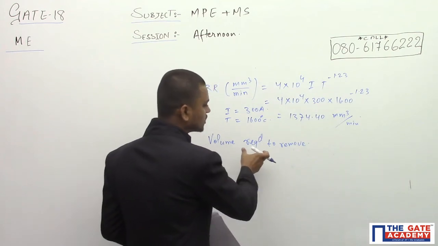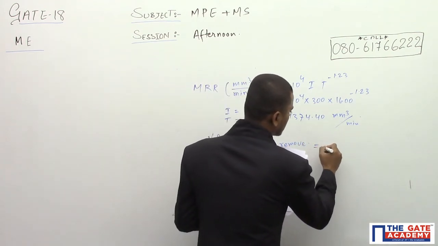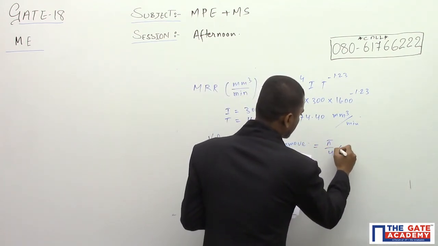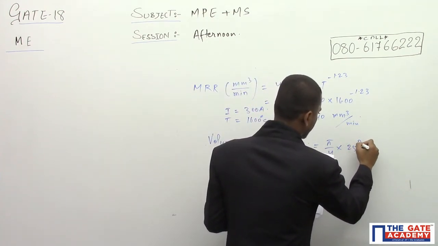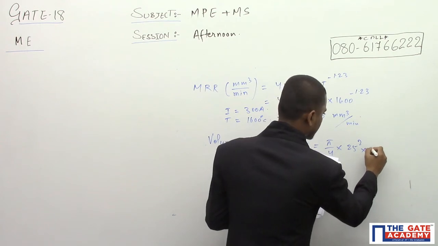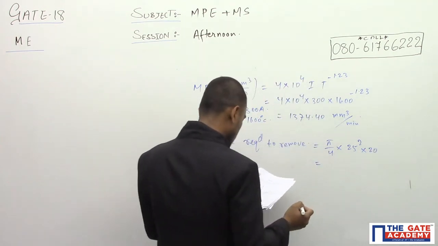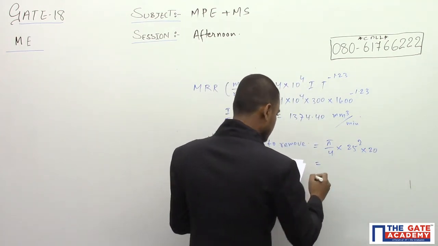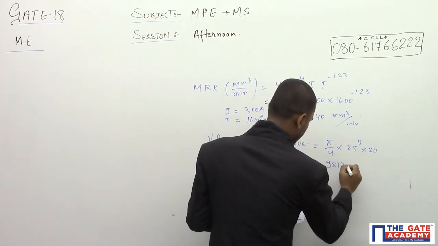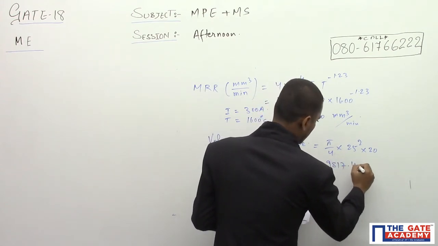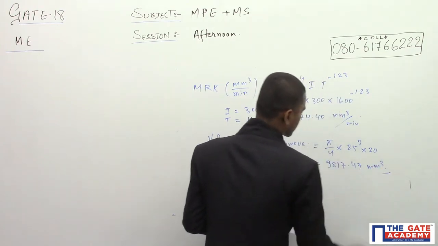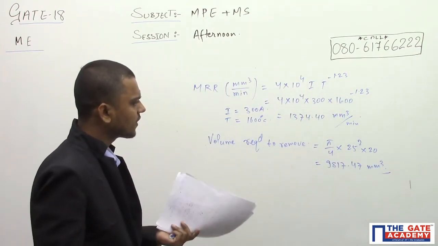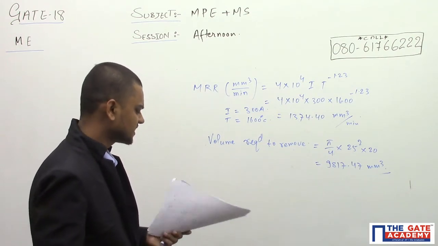So the volume required to remove will be equal to pi by 4 into diameter squared, the diameter given is 25, into depth which is 20 mm. So it will be equal to 9817.47 mm cube.